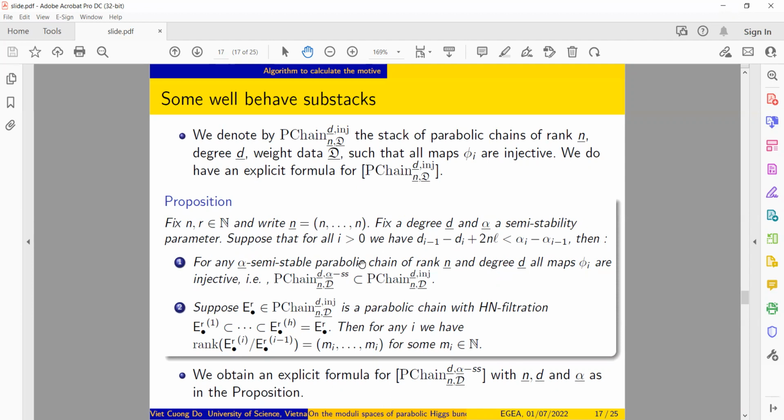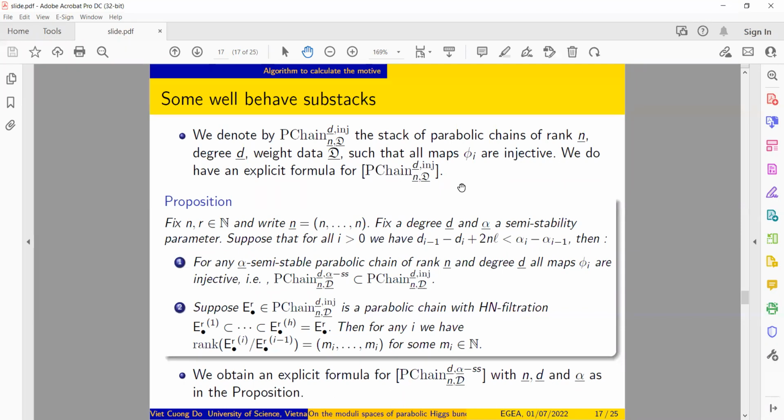We work with the stack of Porrick chains of rank N, degree D, with data, but we add a new condition: that psi E must be injective. In this case we have an explicit formula for this class.